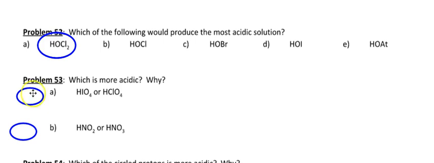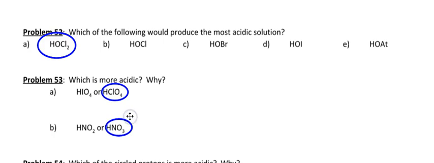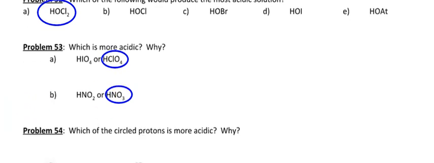So which one is it? It is this one, right? Why? Because the chlorine is more electronegative. But what about here? The H is still on the O's, but here I have 2 O's, here I have 3 O's. Which one's more acidic? If you said this one because it has more oxygens again, then you're right, okay?